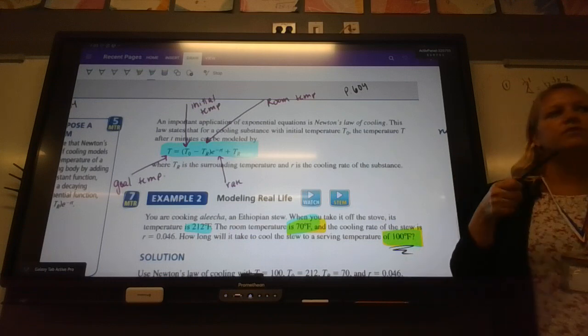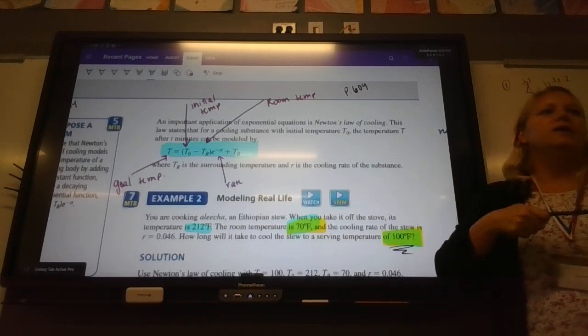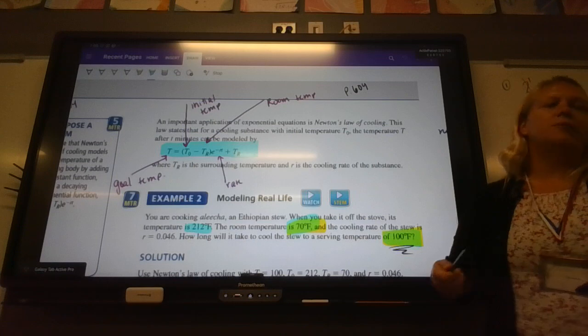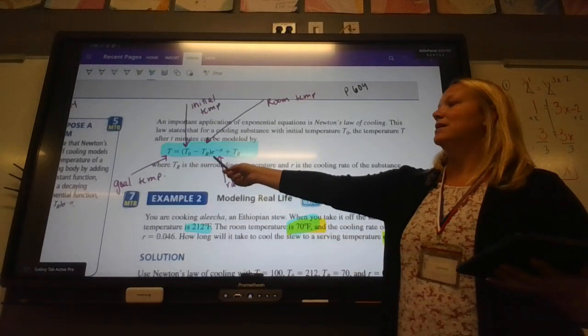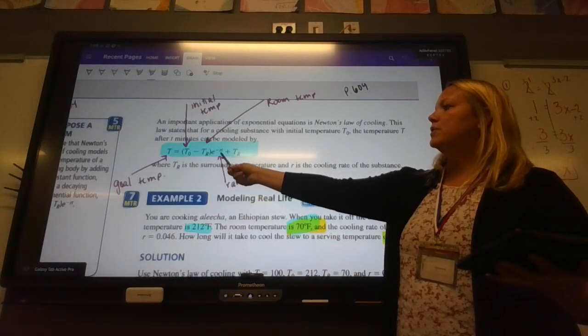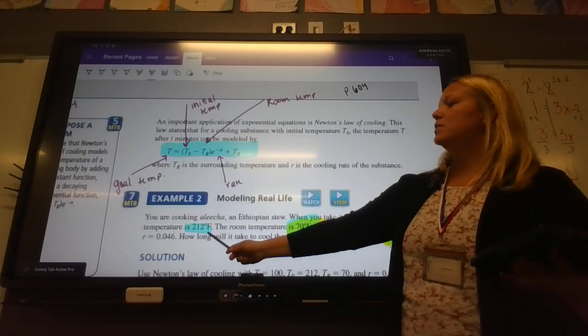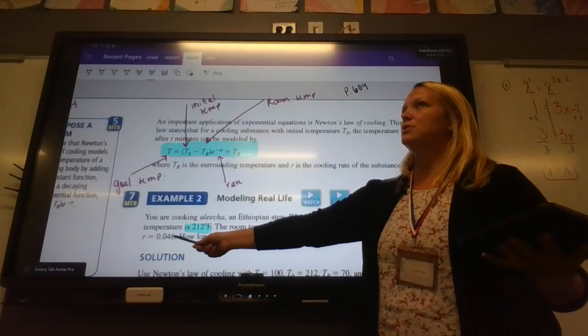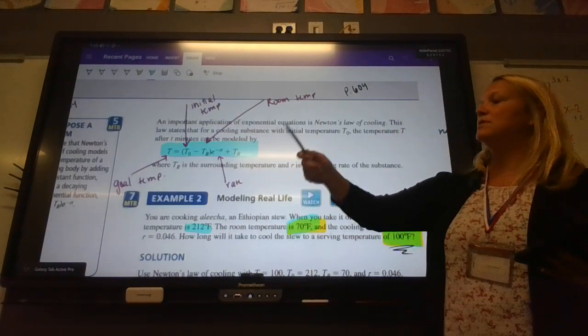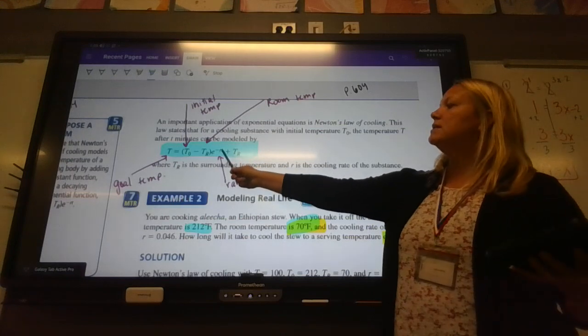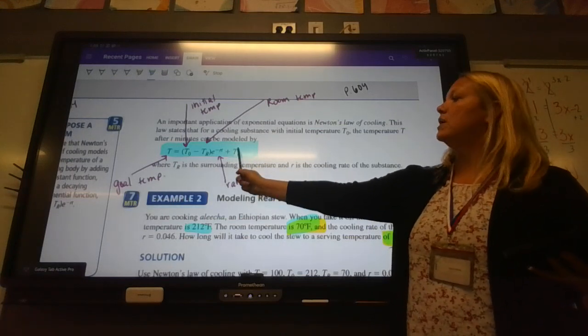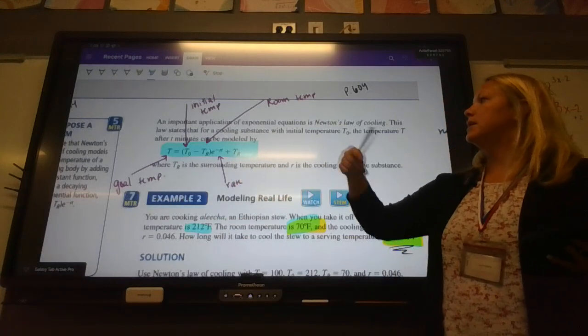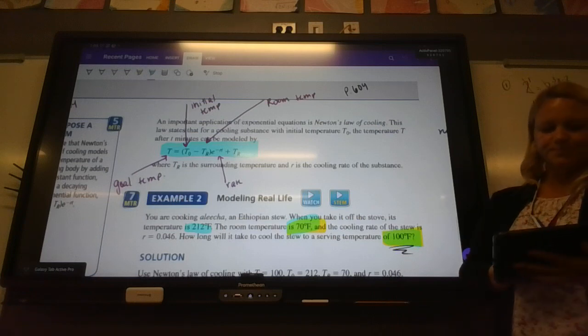It doesn't just cool for a little bit and then stop, and then cool for a little bit and then stop. This is continuous decay. You got your cooling rate up here for this liquid. The cooling rate is 4.6% every minute, continuously cooling. The little t is the time that we're solving for, and again, T sub R is the room temperature.